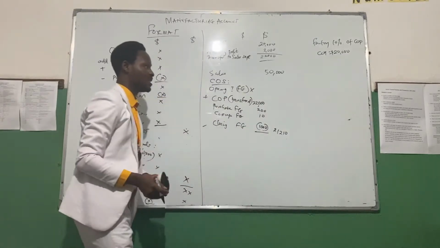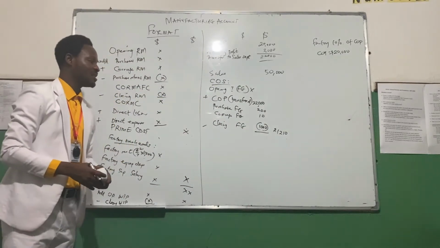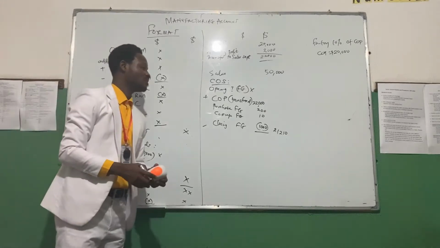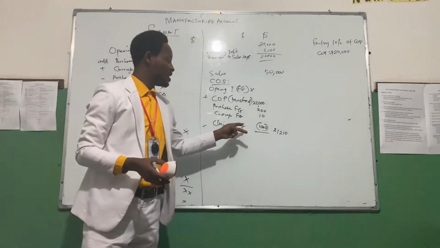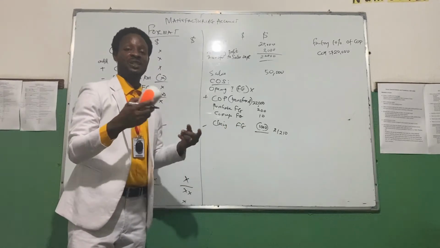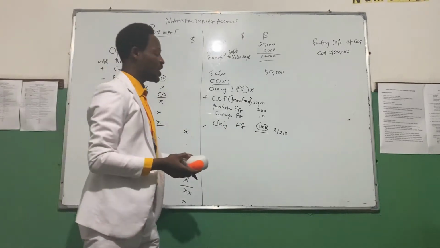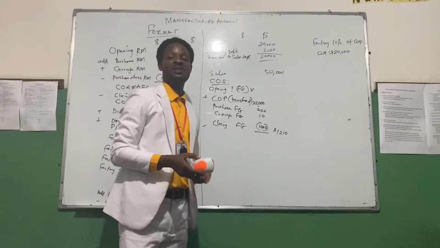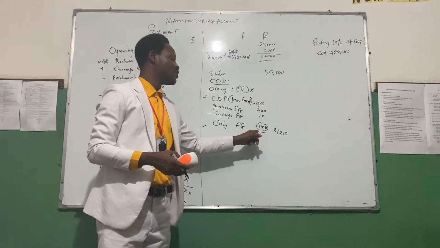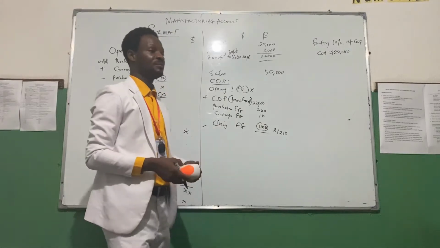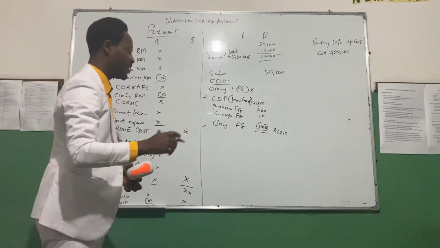Please let me calculate it and confirm the answer. Also take note, when you are deducting a value, try to enclose it in a bracket. For accounting, it's expected that you put your amount to be deducted in a bracket. Yes, you're correct. Thank you very much.